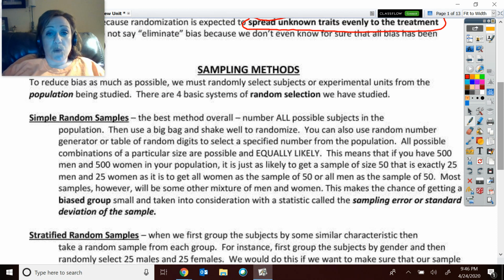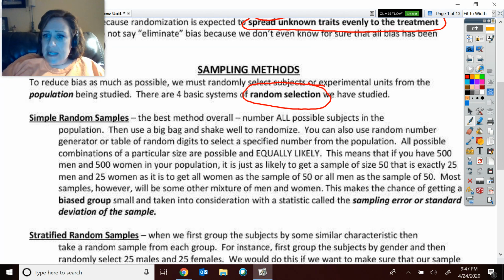So we hope to randomly select from the population so that we have the right to generalize to that population. With volunteers, which is what typically happens in an experiment, we can't necessarily generalize to everybody in the population, only people that are like those volunteers.